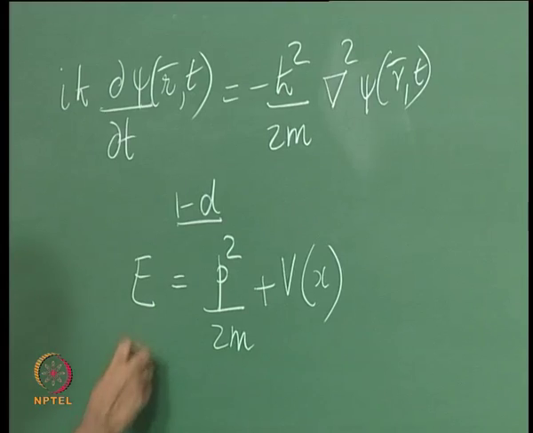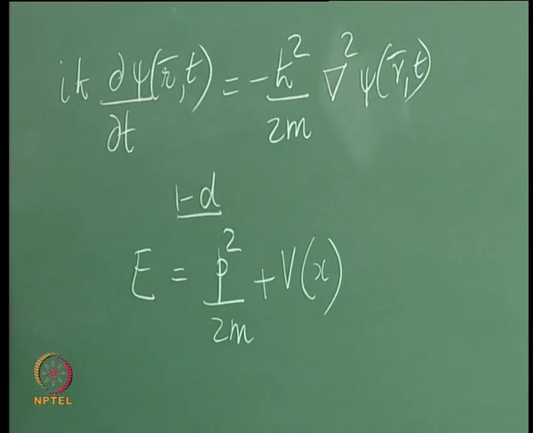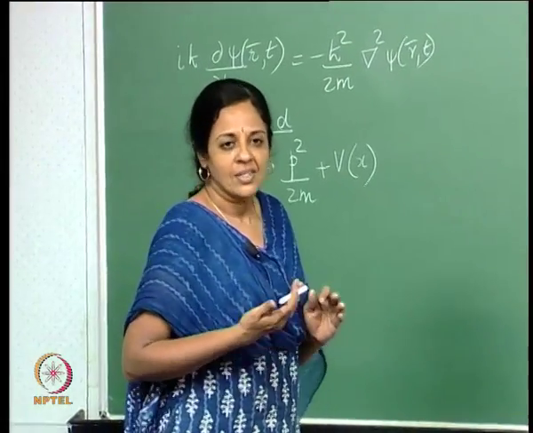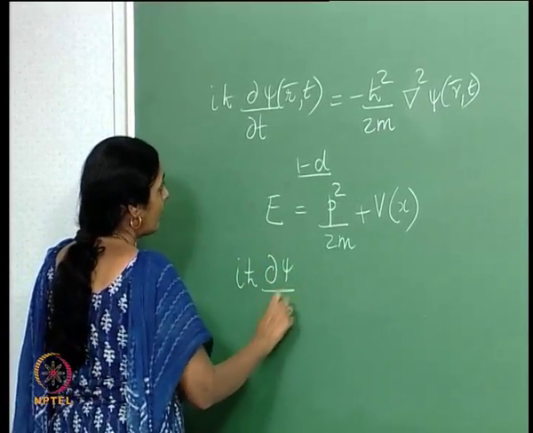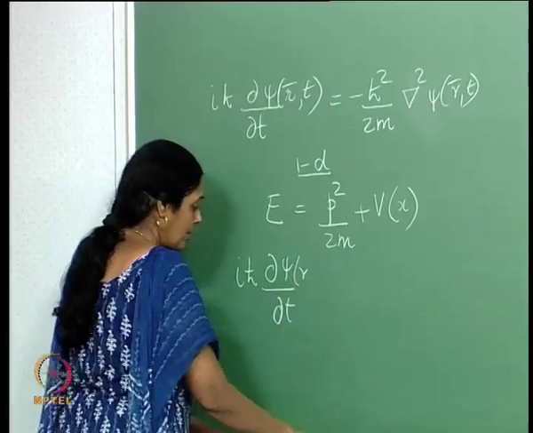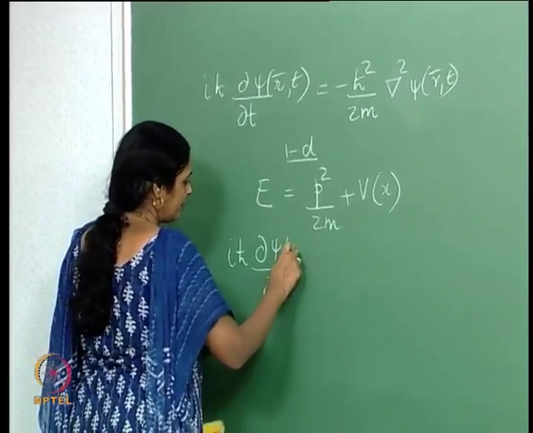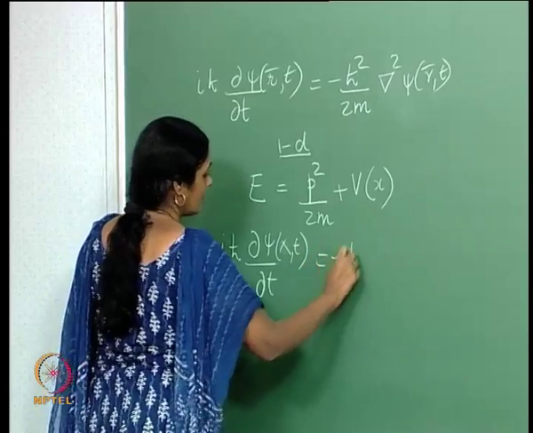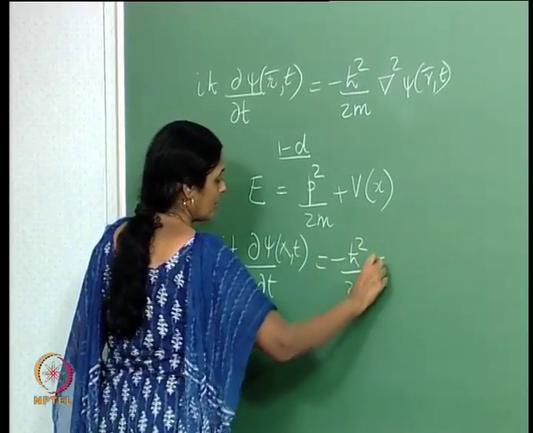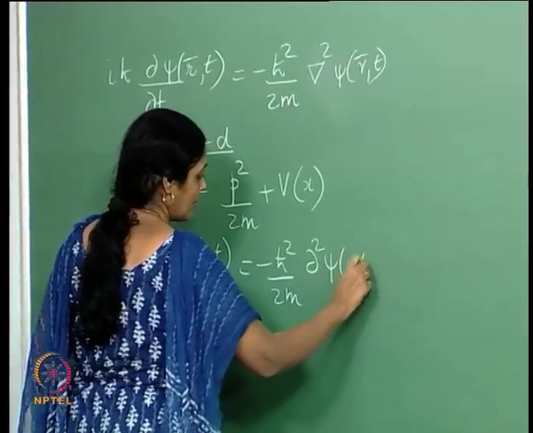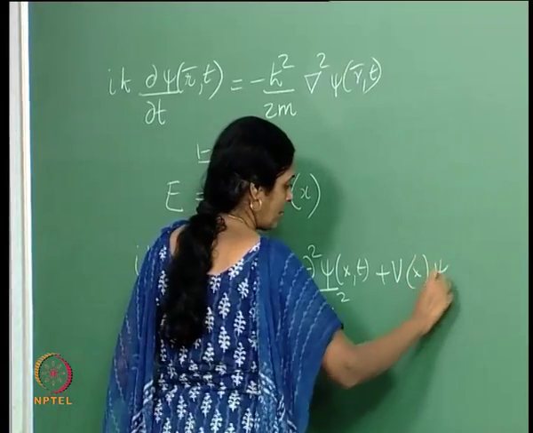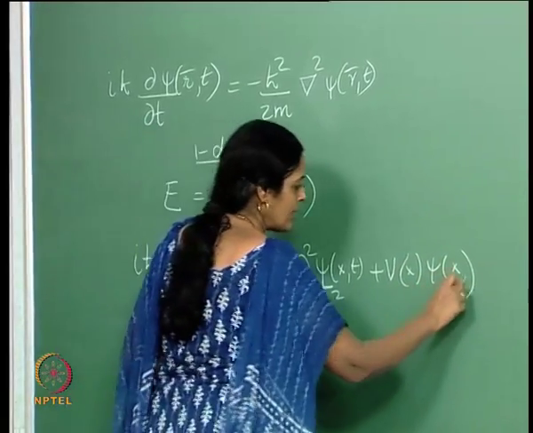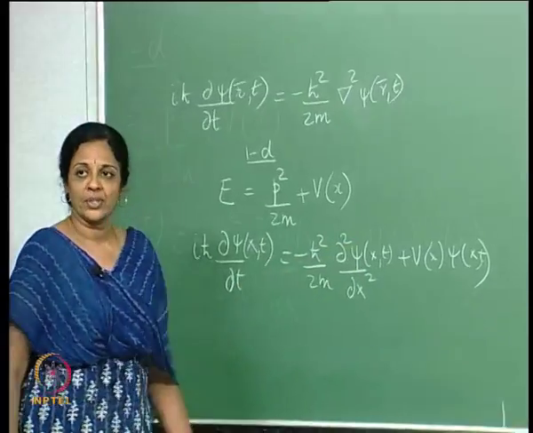And therefore, if I now put in this potential and write the Schrodinger equation for a particle of mass m and momentum p subject to a potential V of x, I have the following. Now, in 1 dimension, psi of x, t, and that is all there is to it.